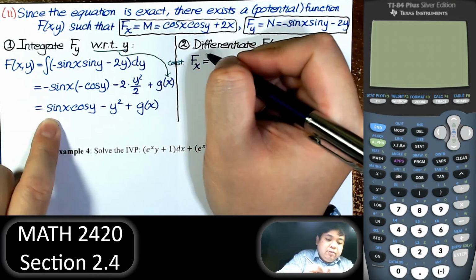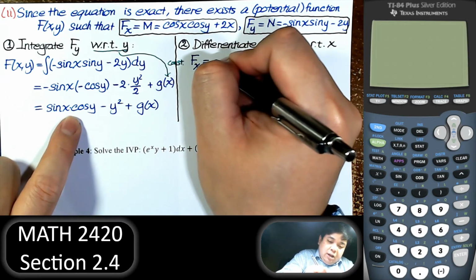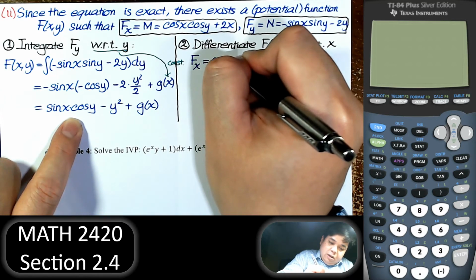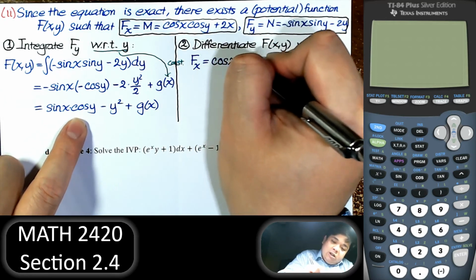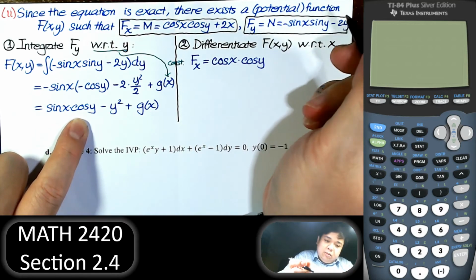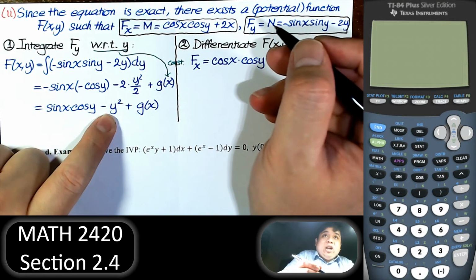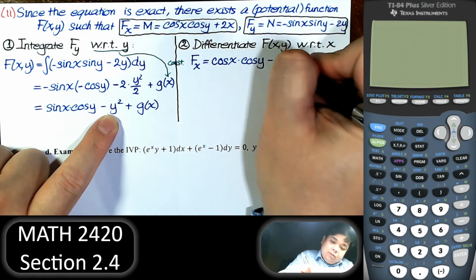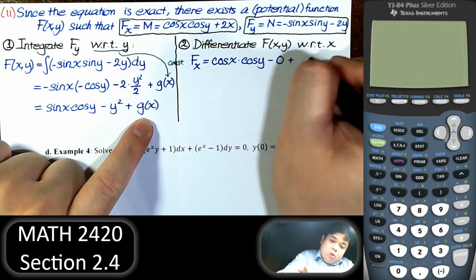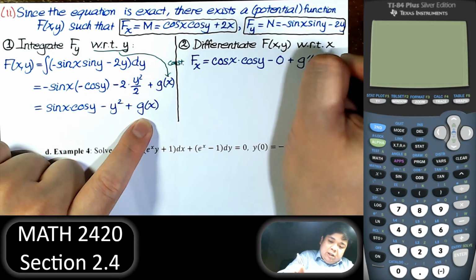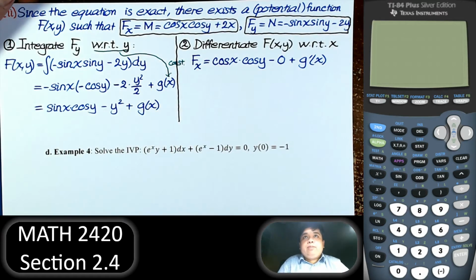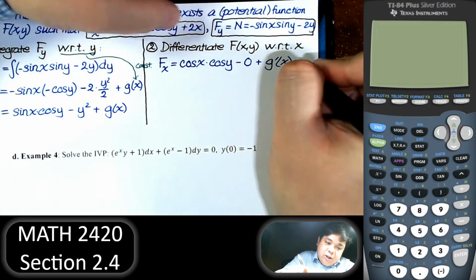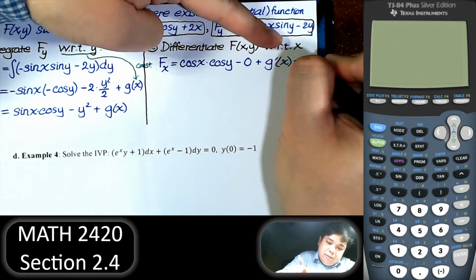With respect to x, the derivative of sine x is cosine of x. Cosine of y is a constant. y squared is a constant with respect to x, so that is minus 0. The derivative of g of x with respect to x is g prime of x, and we will make it equal to n.